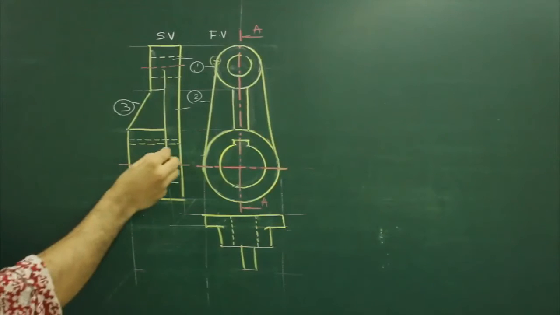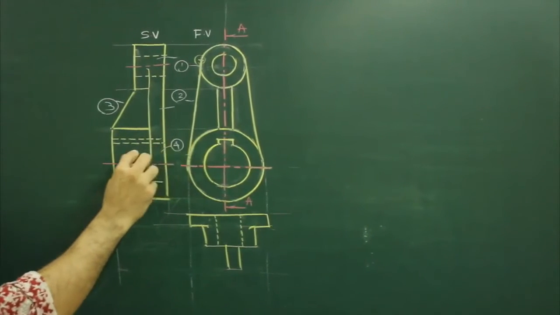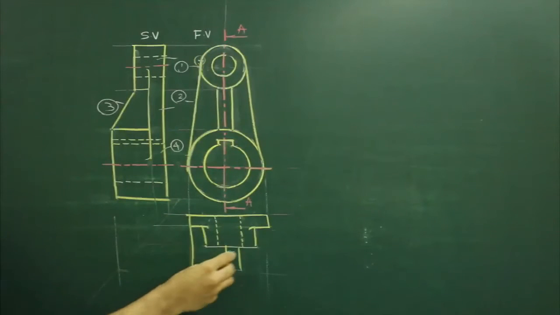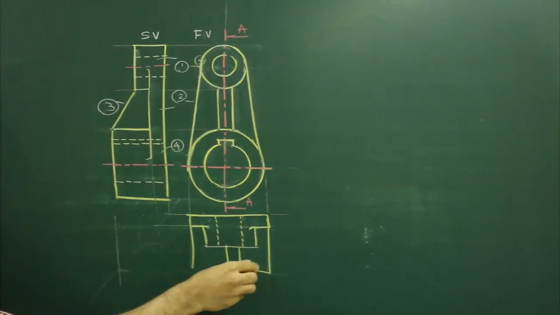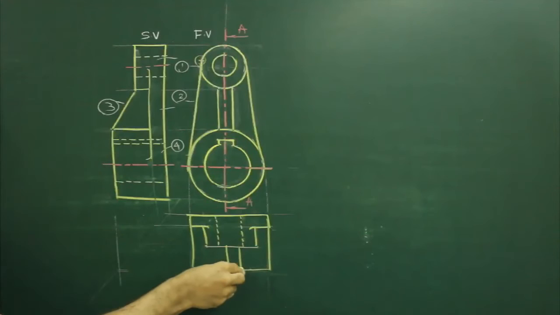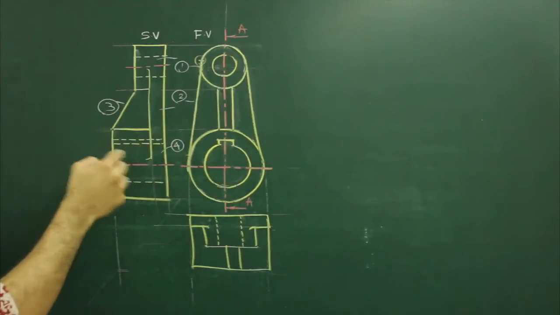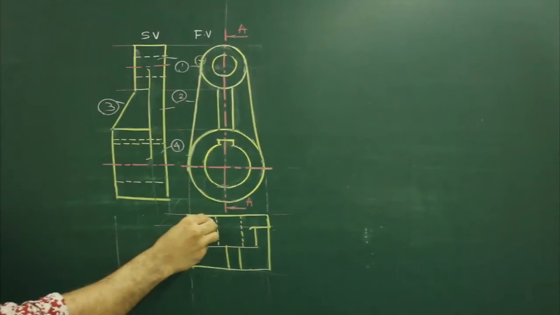After that, the fourth part, that is this rectangle, this circle. So this entire part will be done. Now we have one more circle inside this, which is going through and through. So that also we can project.